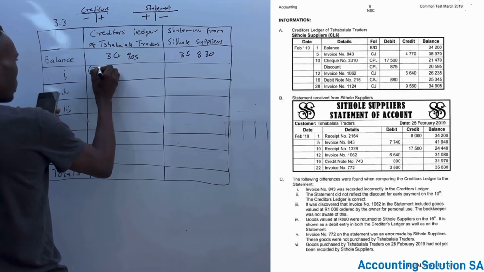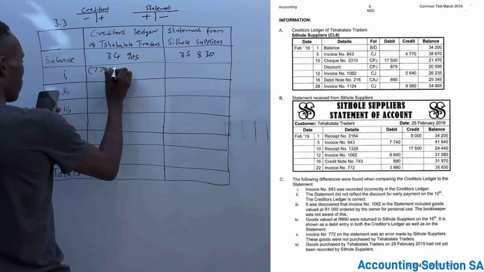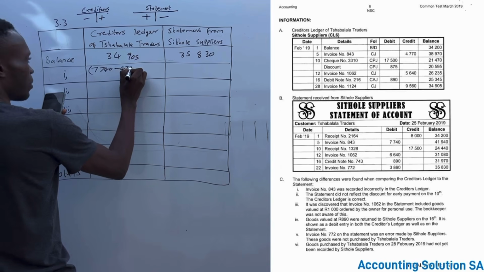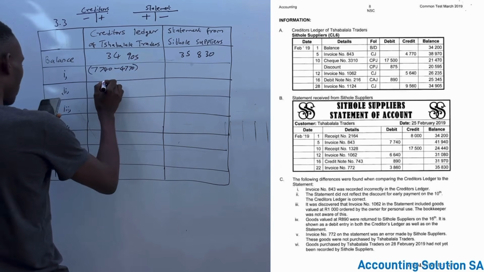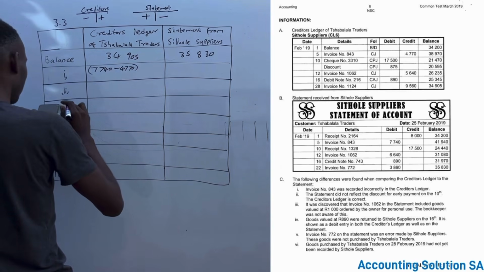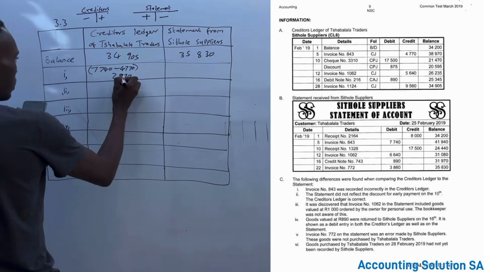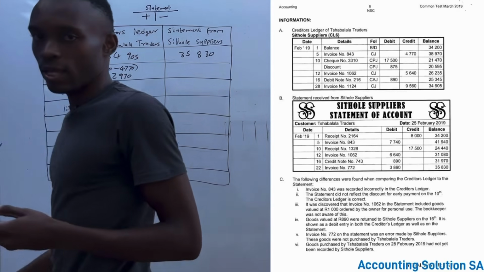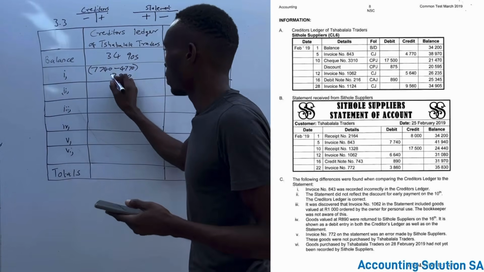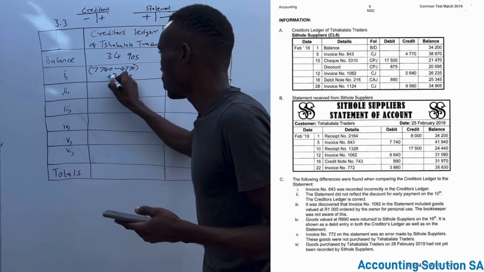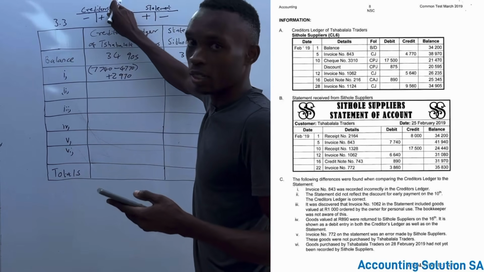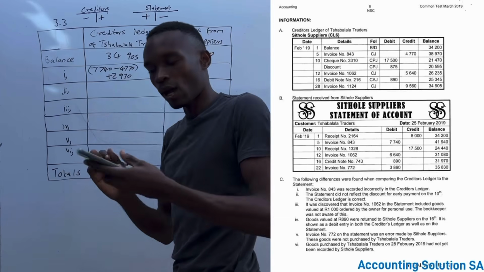The calculation is 7,740 minus 4,770, and your answer will be 2,970. That's how you correct this one, and you have to show that it's a plus because you are adding on the credit side if you were drawing a T account.